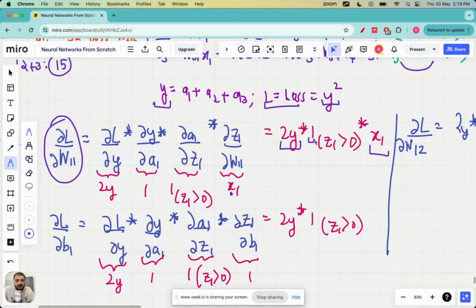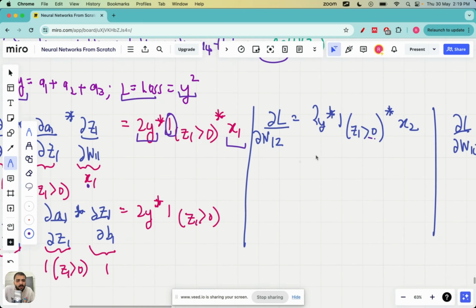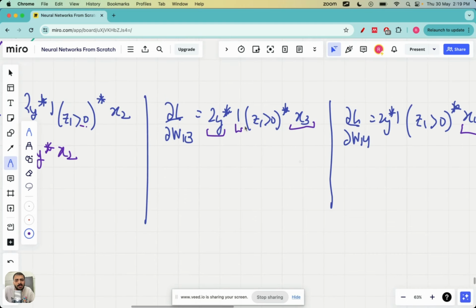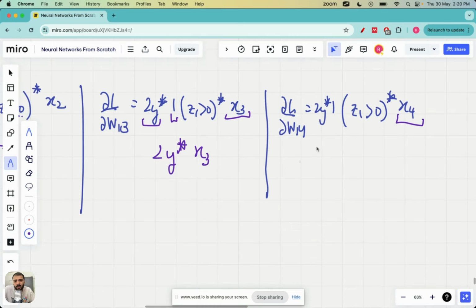So immediately Z1 is greater than 0, so this will be just 1. So the gradient of L with respect to W11 will be just 2y multiplied by x1. Gradient of L with respect to W12 will be just 2y multiplied by x2. Gradient of L with respect to W13 will be just 2y multiplied by x3. And gradient of L with respect to W14 will be 2y multiplied by x4.